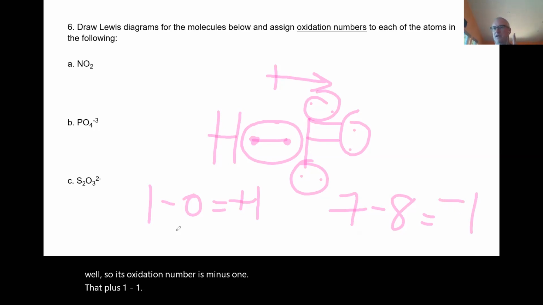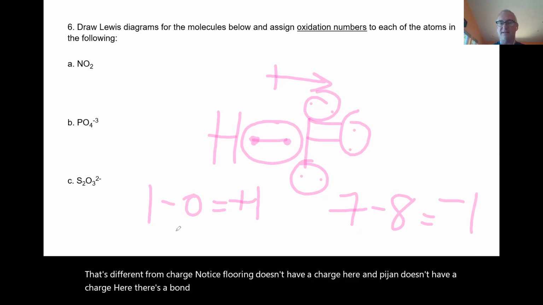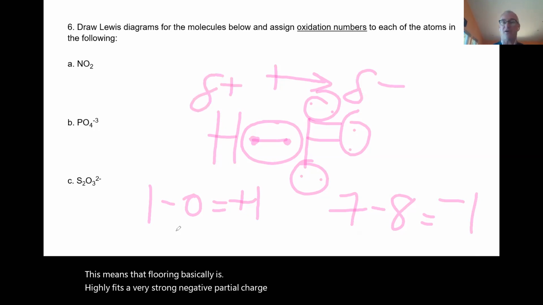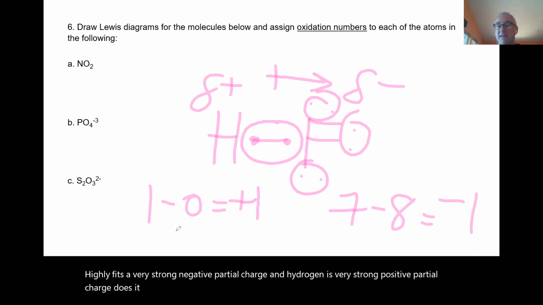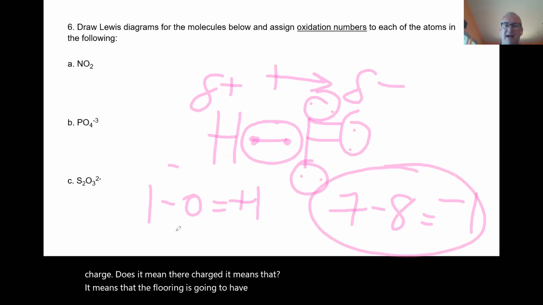That's different from charge. Notice fluorine doesn't have a charge here, and hydrogen doesn't have a charge here. There's a bond, but this means that fluorine has a very strong negative partial charge, and hydrogen has a very strong positive partial charge. Doesn't mean they're charged. It means that the fluorine is going to have more of the electrons than the hydrogen does.